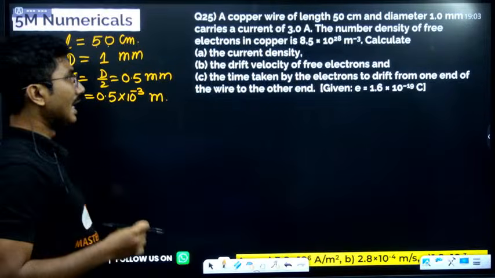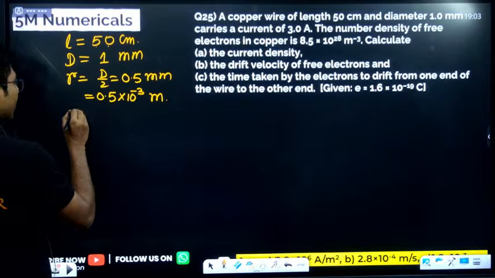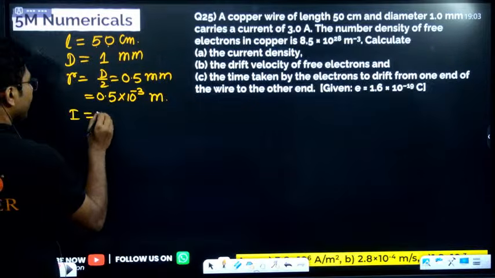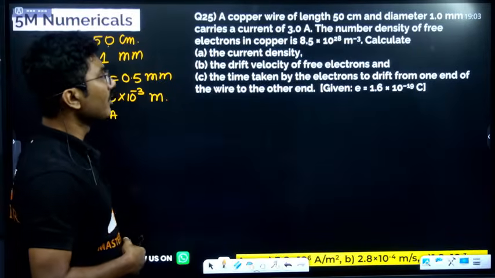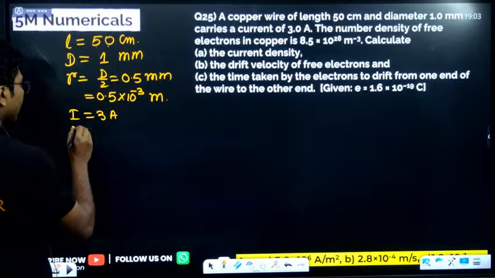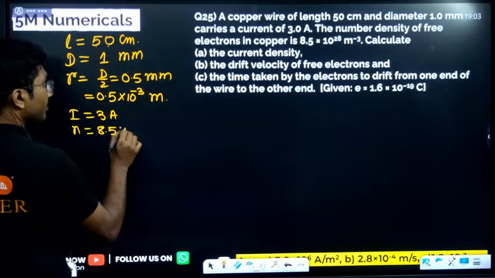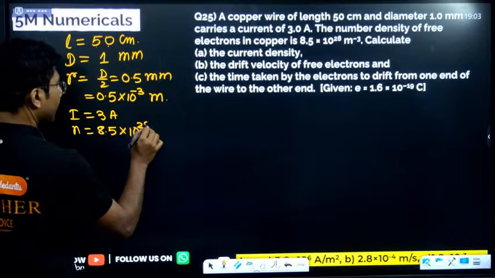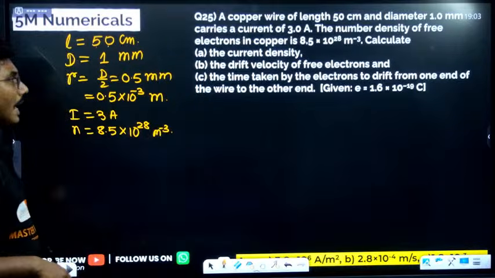Next, carries a current of 3 ampere. So current here is given as 3 amperes. Number density of free electrons is 8.5 into 10 to the power 28 per meter cube.